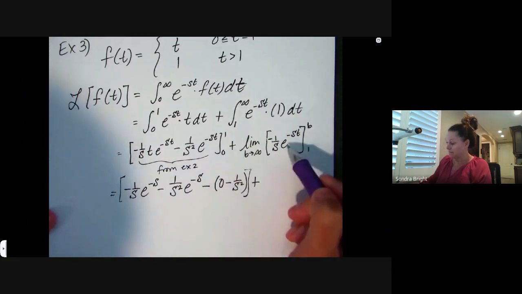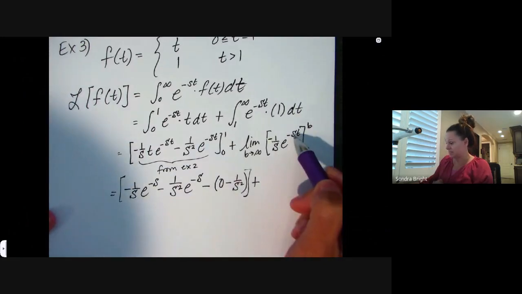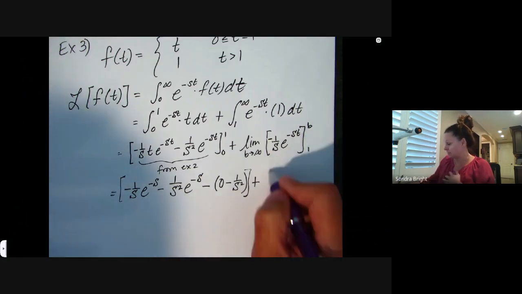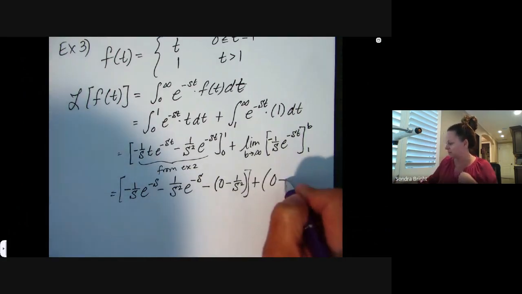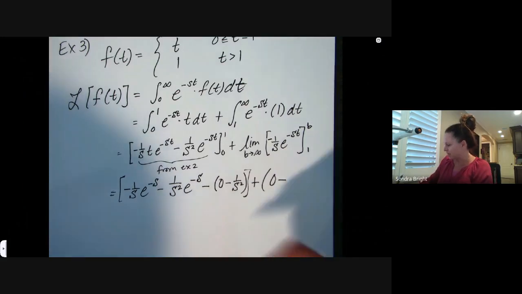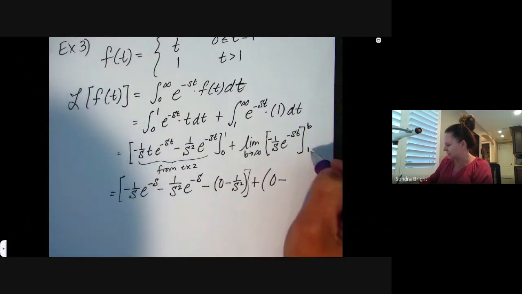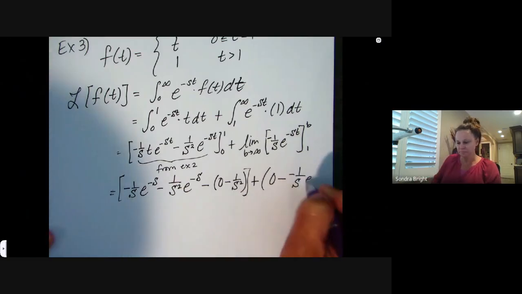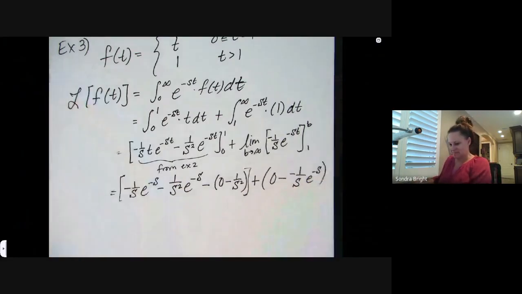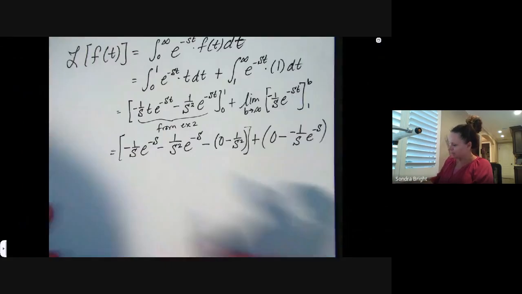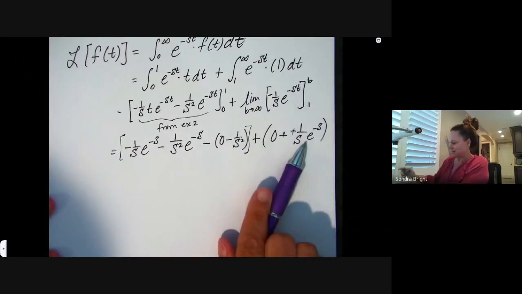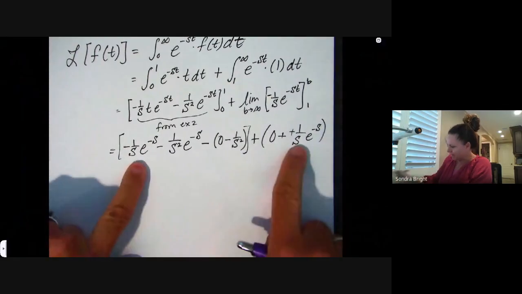When you plug in a b into t here, you'll have e to the negative b, and as b goes to infinity, that will be a 0. Then subtract from that, plugging in a 1 into t, and you'll have the negative 1 over s e to the negative s times 1. So this ends up being a plus, and we've got a negative 1 over s and a 1 over s, both times e to the negative s, so they cancel.